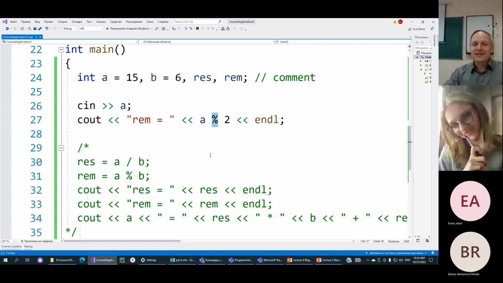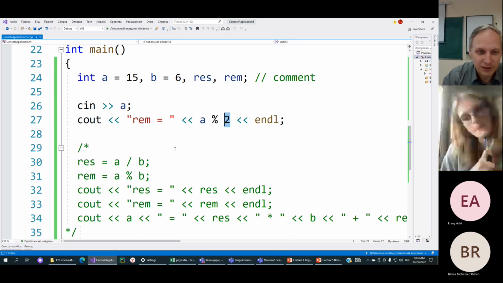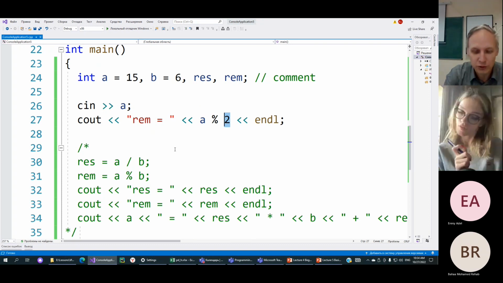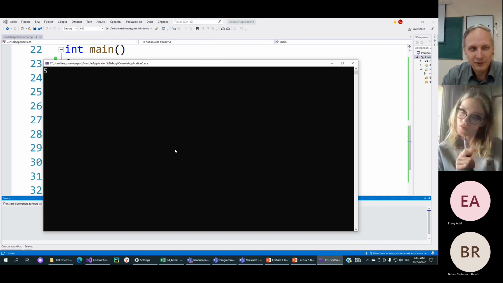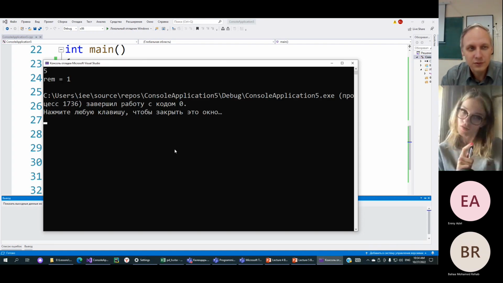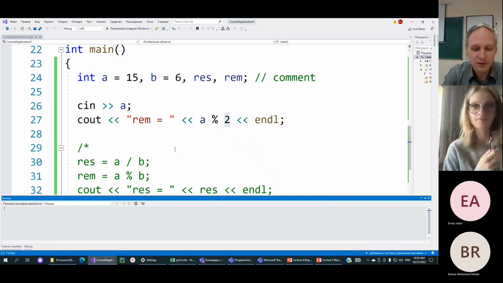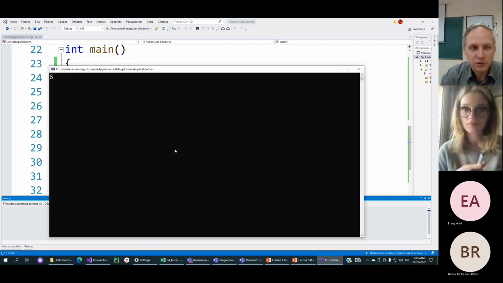This operation gets the remainder when we divide some number by 2. What will be the remainder when we divide 5 by 2? The remainder is 1. 6 over 2.